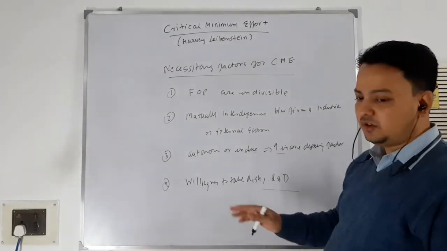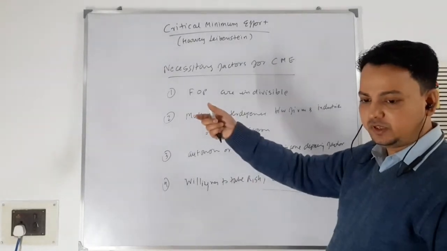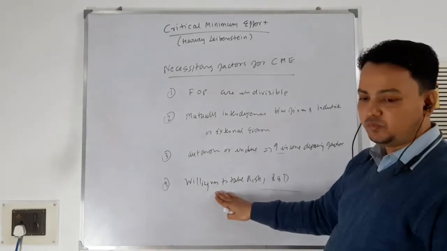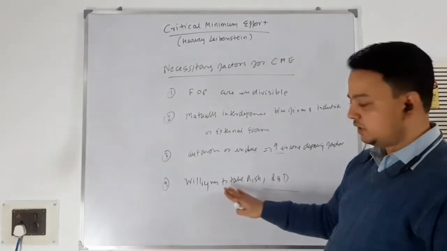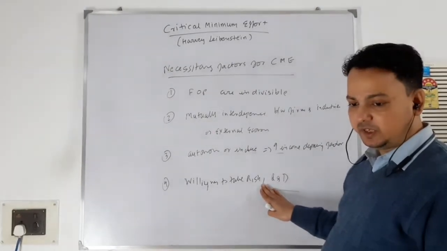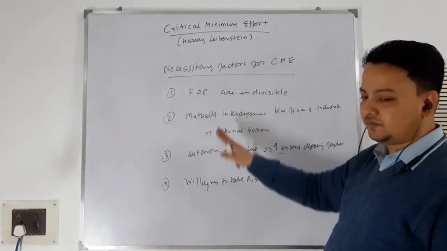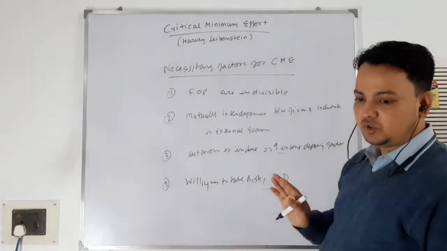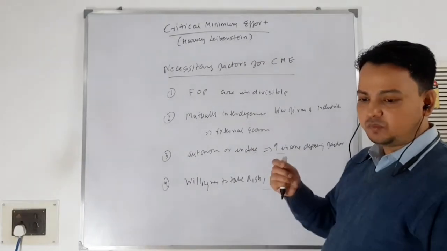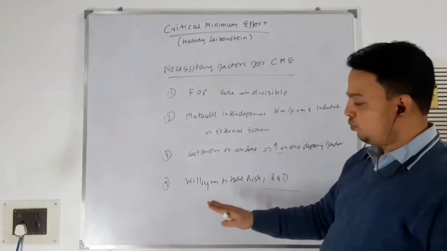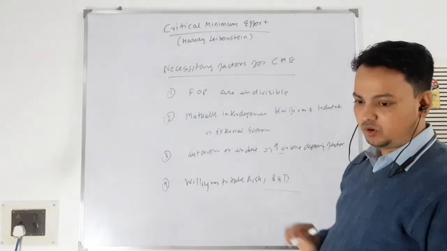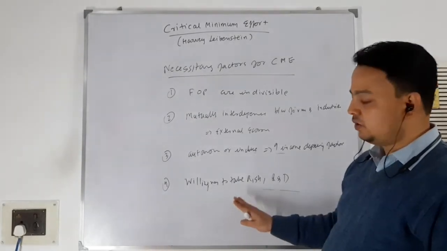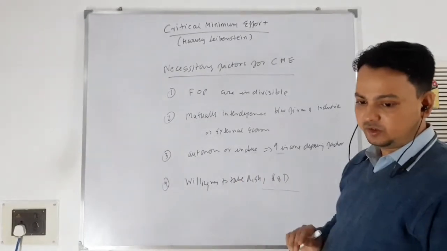If there is not a certain amount of investment in the economy, no willingness to take risks will arise, and no research and development will be taken up. So this factor necessitates that we have a certain minimum level of investment for promoting growth in the economy. Then only will the growth process set in.